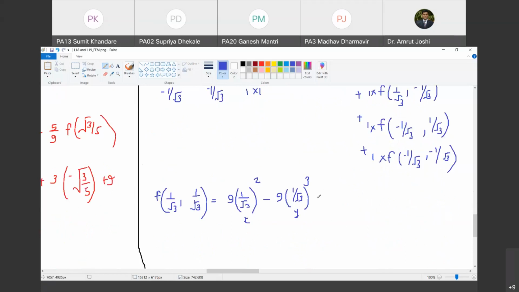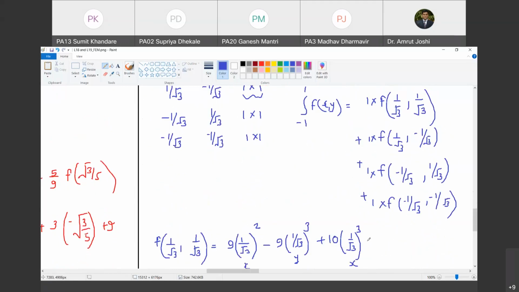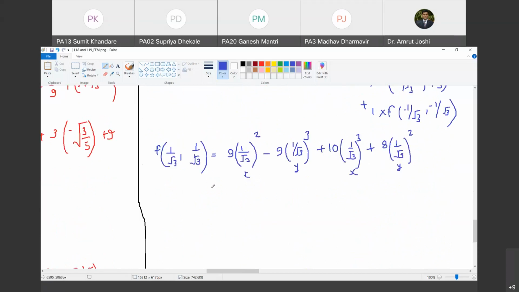Yes, sir. Plus 10x cube. 10 into 1 by root 3 cube. This is x here. And last term is plus 8y square. Plus 8 into 1 by root 3 square. This is y. So can you compute this and let me know the value?